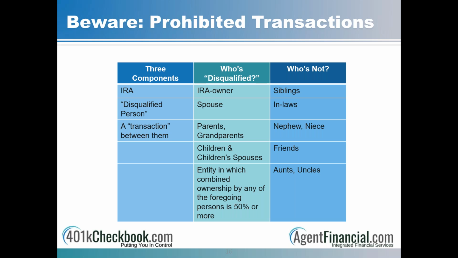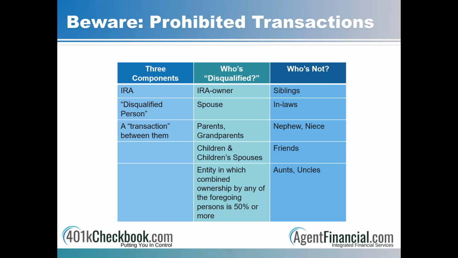So it's not about what your IRA can buy, but with whom it can transact. Certain people are referred to as disqualified persons to the IRA. You may be surprised to find out that you, the IRA owner, are the chief disqualified person, as is your spouse, parents and grandparents, children and children's spouses, as well as certain business entities in which there's ownership by disqualified persons.